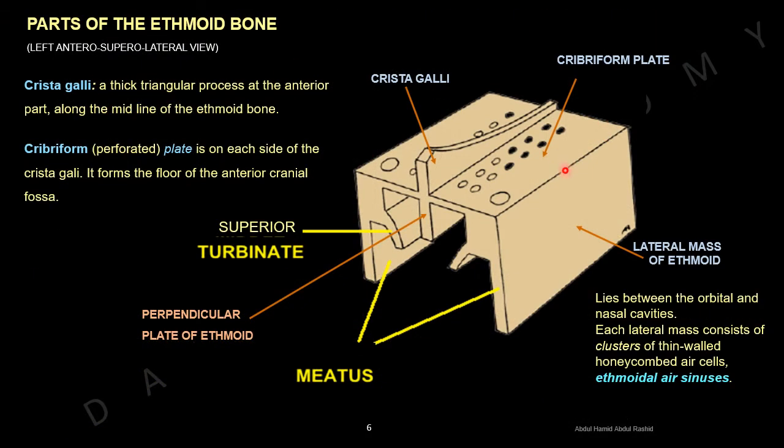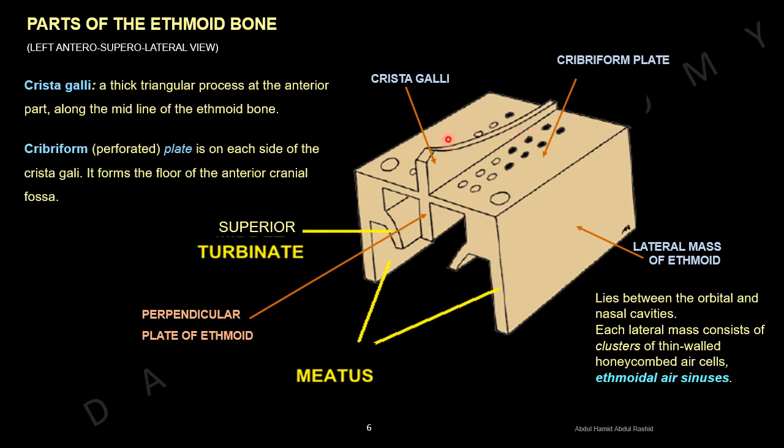We are showing the ethmoid bone. It is a centrally located bone in the skull, connected or joined to many bones around it. It is a very important bone. This is called the crista galli, a thick triangular process at the anterior part along the midline of the ethmoid bone.